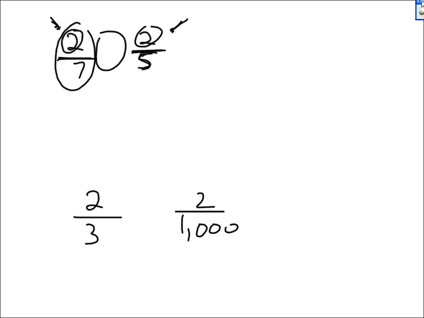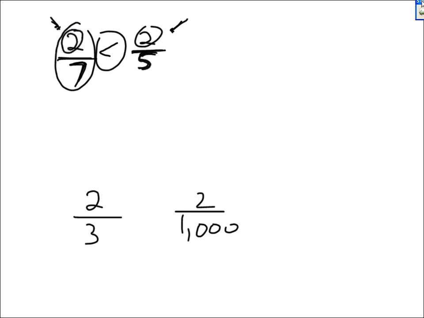Okay? If somebody comes home for dinner tonight with 2 pizza pies and you're really hungry, would you rather there be 7 people sitting at the table or 5 people sitting at the table? Do you want to share the 2 pizza pies with 5 people or 7? Okay? If you share it with 5, you get bigger pieces than when you share it with 7.